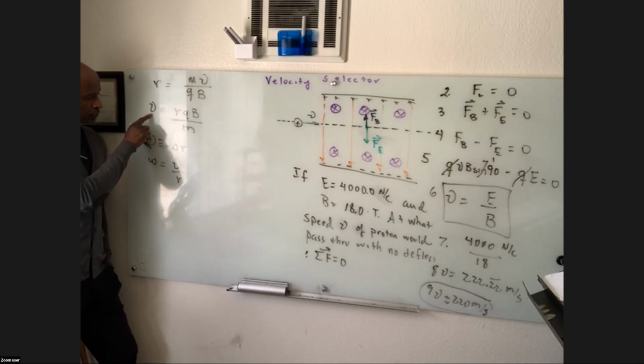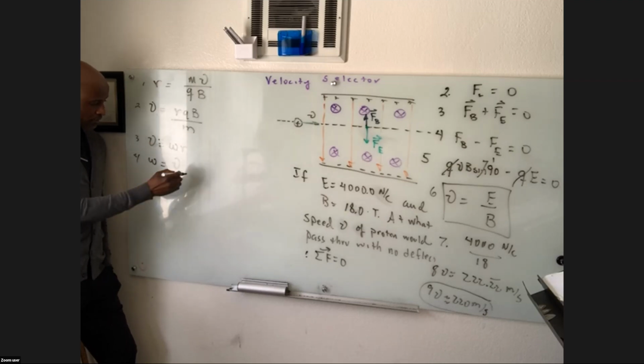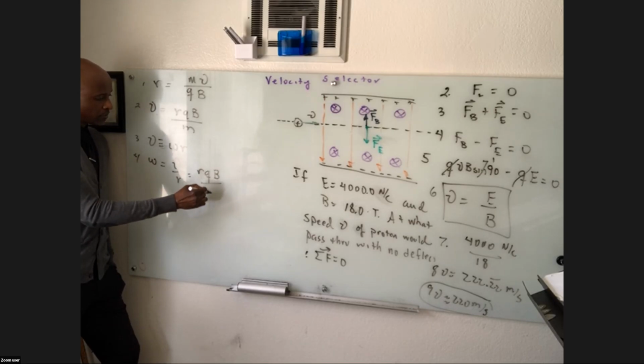Well, we know that it's spinning. If I stick this V and put it into here, then that gives me, I think I did say cyclotron frequency or cyclotron resonance is what I called it. But you can think of this angular speed of the particle as an angular frequency. So if I put that in, that's going to be R Q B over M over R. The R is canceled.